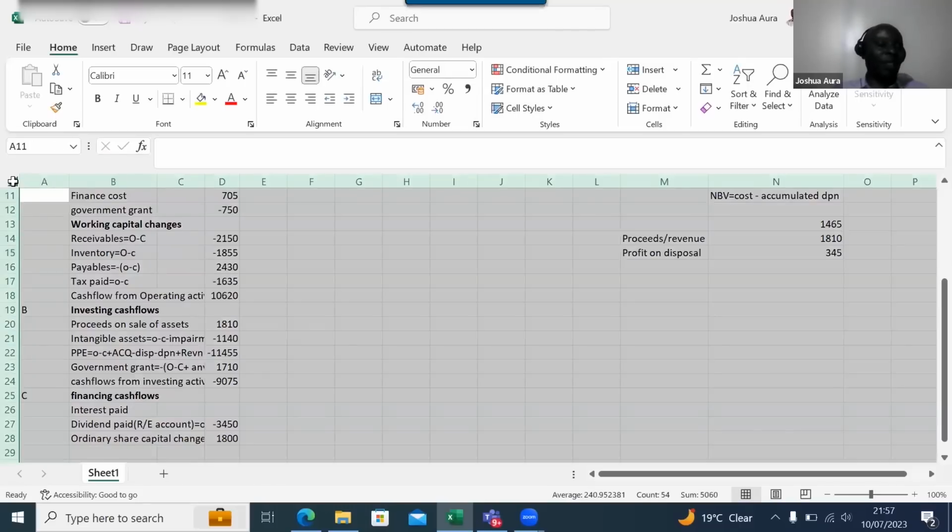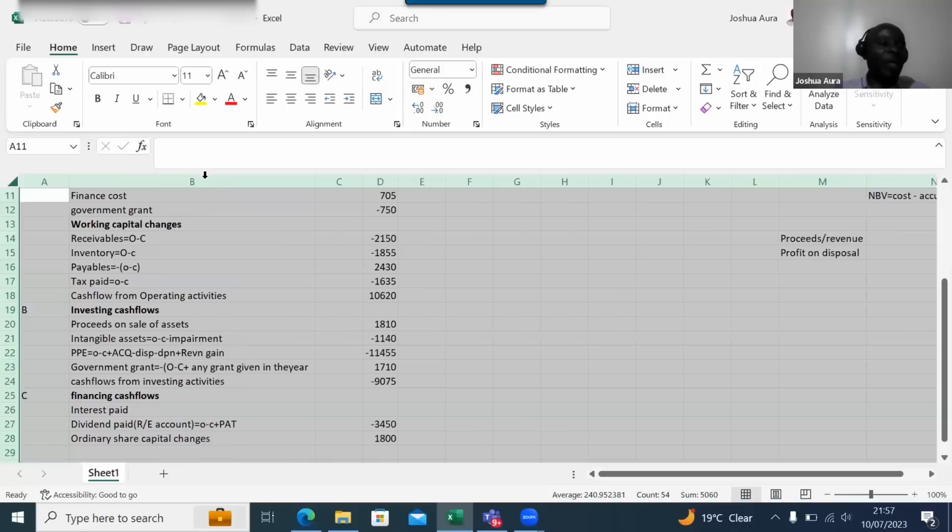You highlight everything. Then come anywhere in between the columns, B, C, anywhere, and double click. You'll be able to open up everything like that.